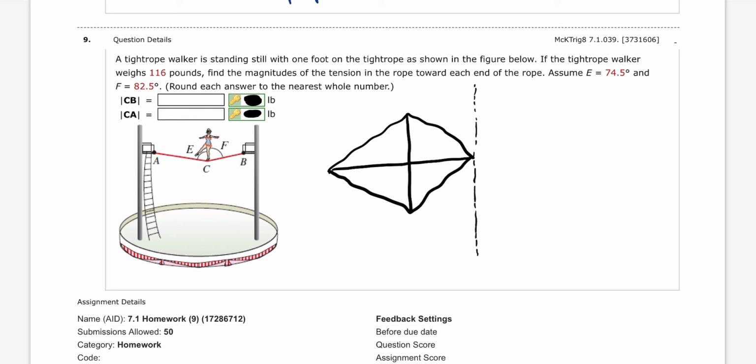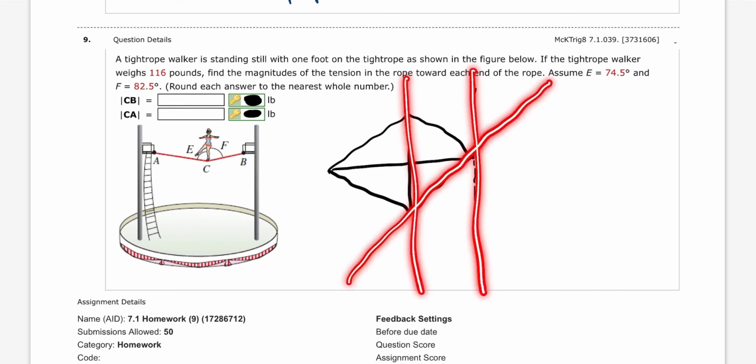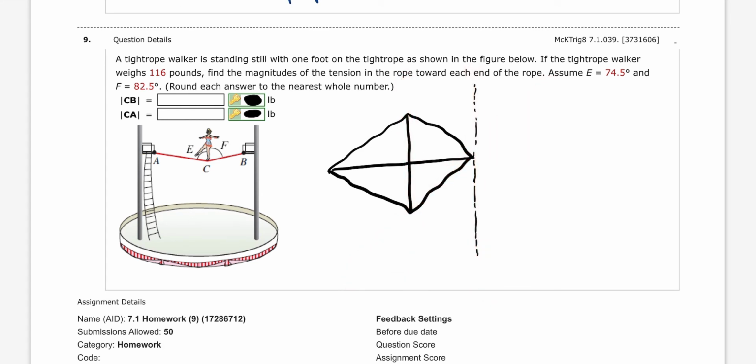All right, and so these are your 2 parallel lines, and then this is a transversal. So we know that this one is F. F is 82.5. All right, and then the other one is E, right? That would be 74.5.